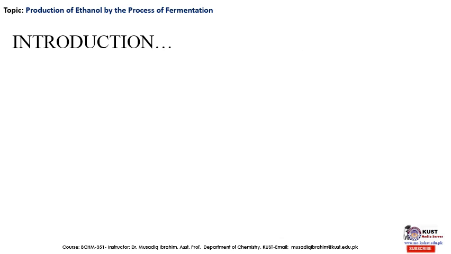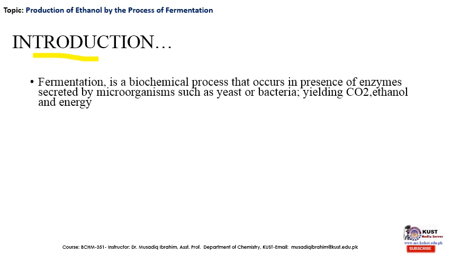Now moving towards the introduction. So fermentation is a biochemical process that occurs in the presence of enzymes which are being secreted by microorganisms such as yeast or bacteria, and as a result of fermentation, carbon dioxide, ethanol and energy are produced.